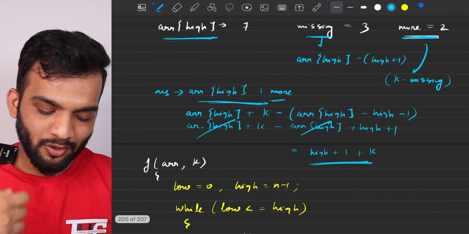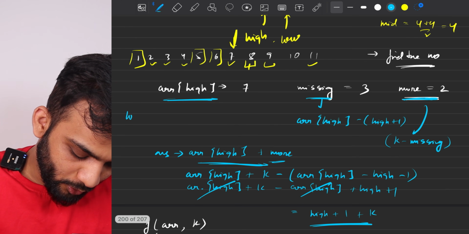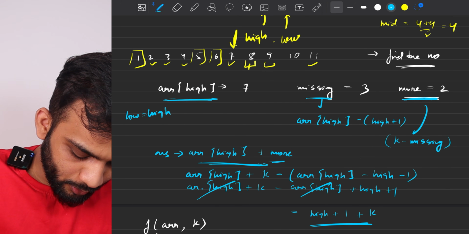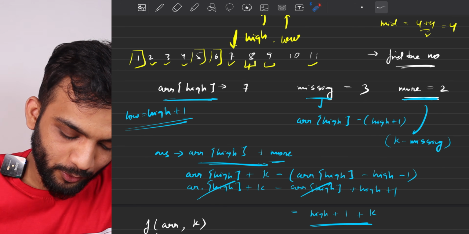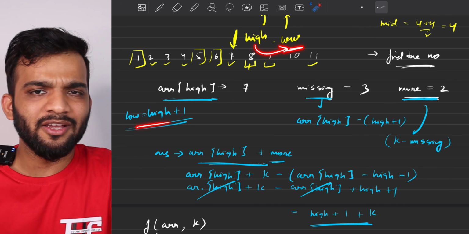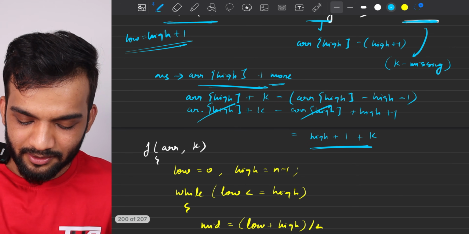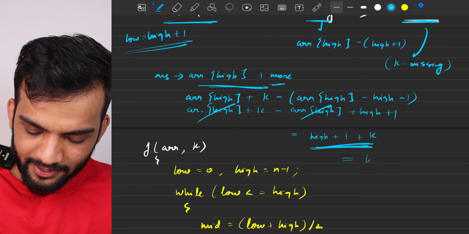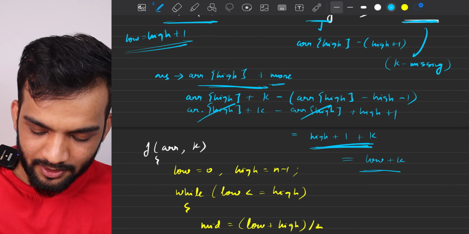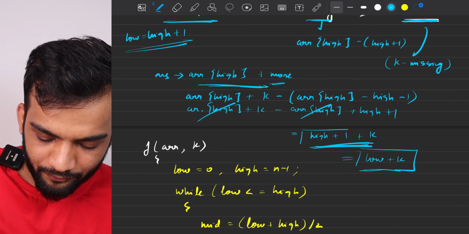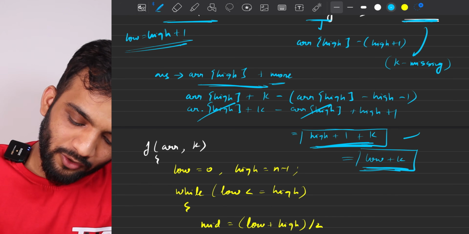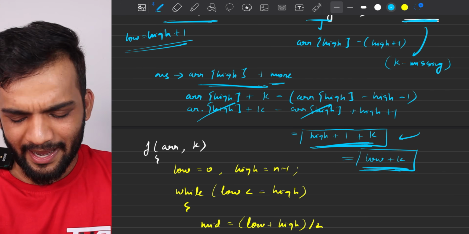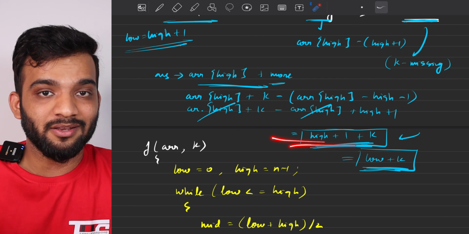Or you can say, we know one thing for sure, low is also high plus 1, if you carefully notice, because low is one place ahead of high. So either you can return this, or you can go ahead and return low plus k as well. This is the reason in a lot of solutions you'll find low plus k being returned.